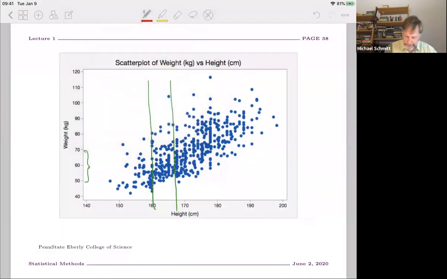But if I then change my choice and say I want to take tall people, between 185 and 190, for me that's tall, now I'm going to get weights over here that are more like 80, 90, even 100 kilograms. And so the PDF for the weight depends on which heights I'm selecting. So they depend, they're not independent.